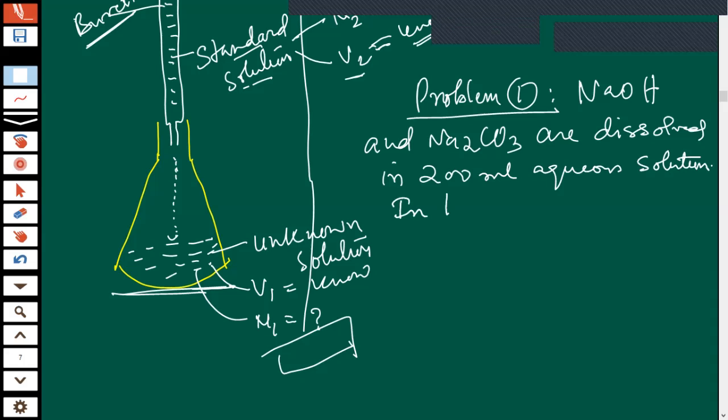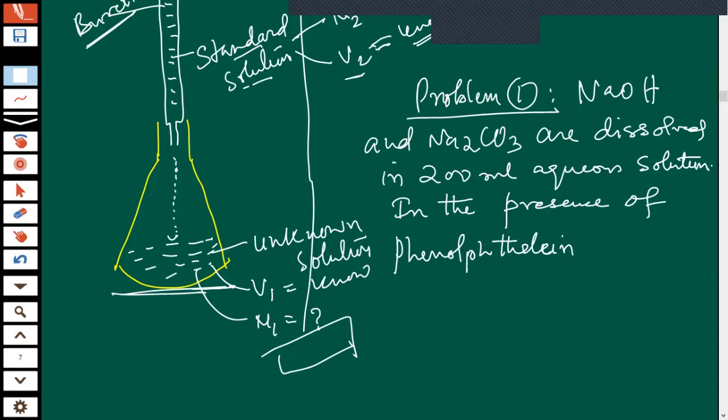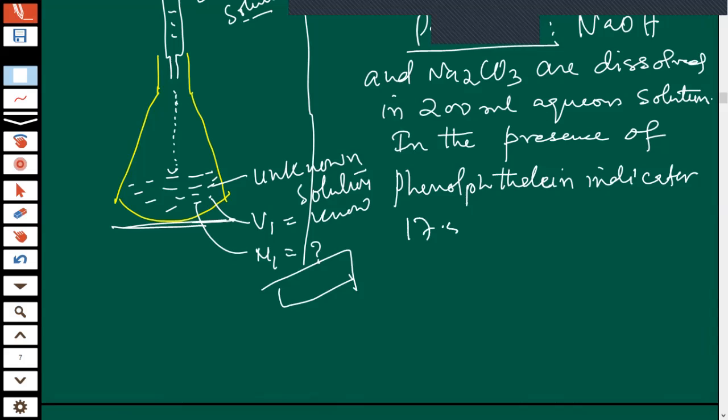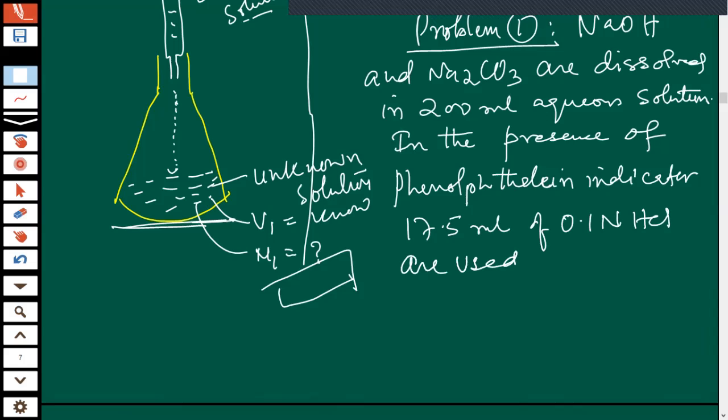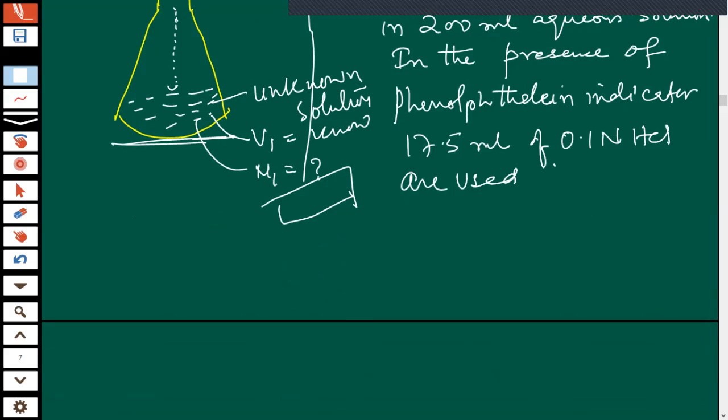Next, in the presence of phenolphthalein indicator, 7.5 milliliter of 0.1 normality HCl are used to titrate the solution.